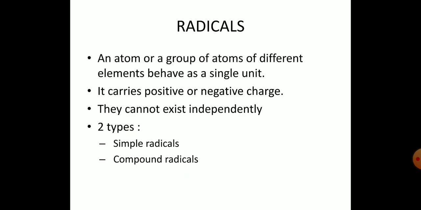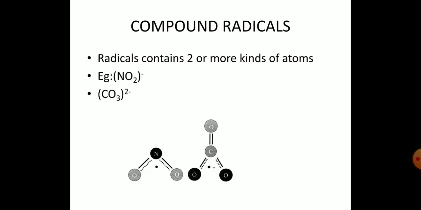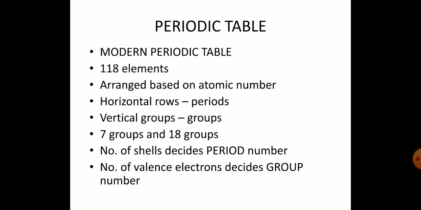Carbon is one atom, oxygen is another element, and 3 units of oxygen combine, so totally 4 atoms combine to form the single unit called carbonate. It carries a positive or negative charge and cannot exist independently. These 3 points you have to remember, along with the example of compound radicals.